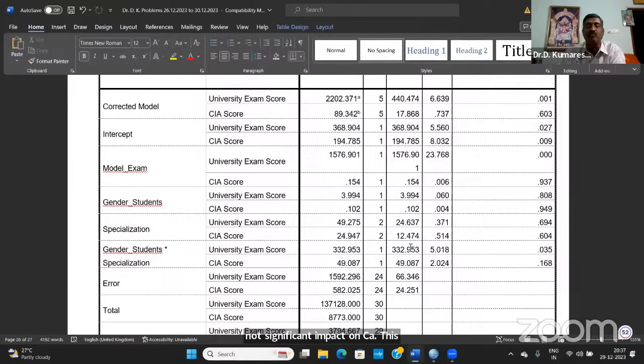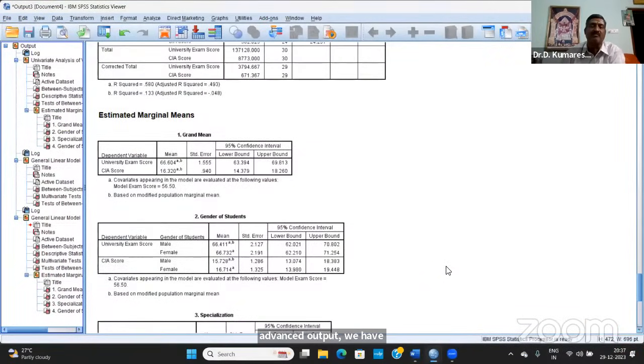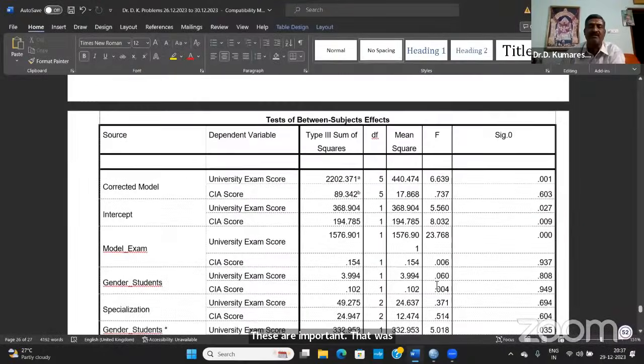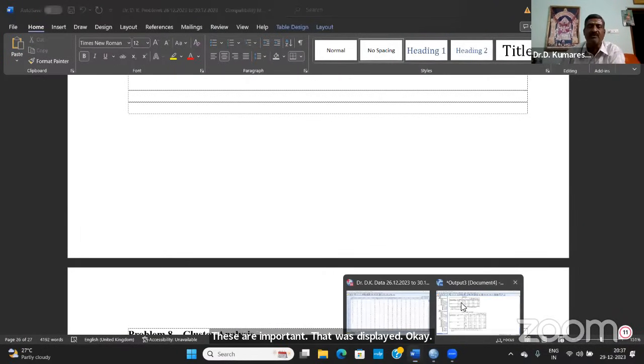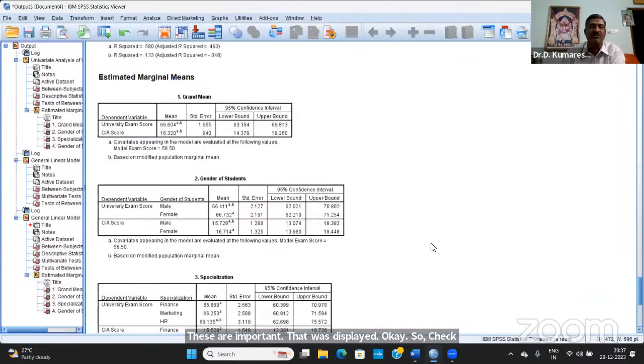This is basic output. But in the advanced output, we have got so many results. These are important. That was displayed further. So we have to check all these things also.